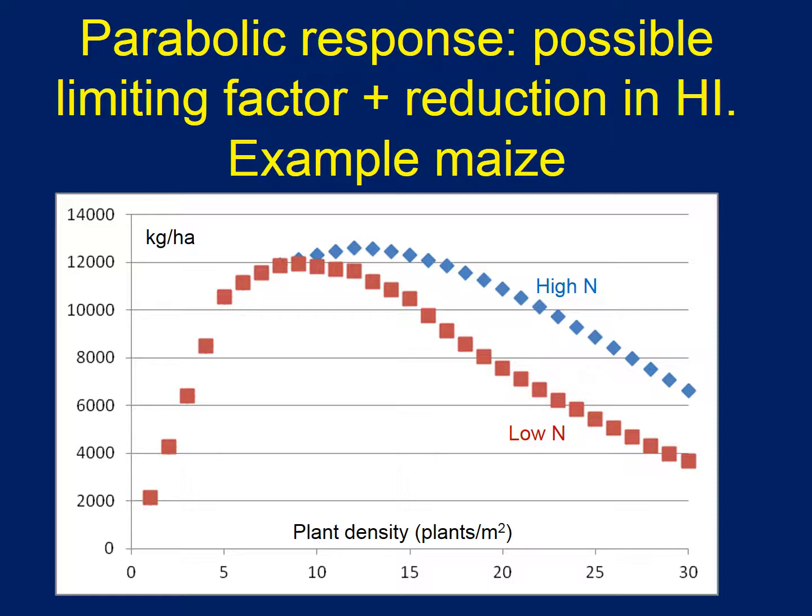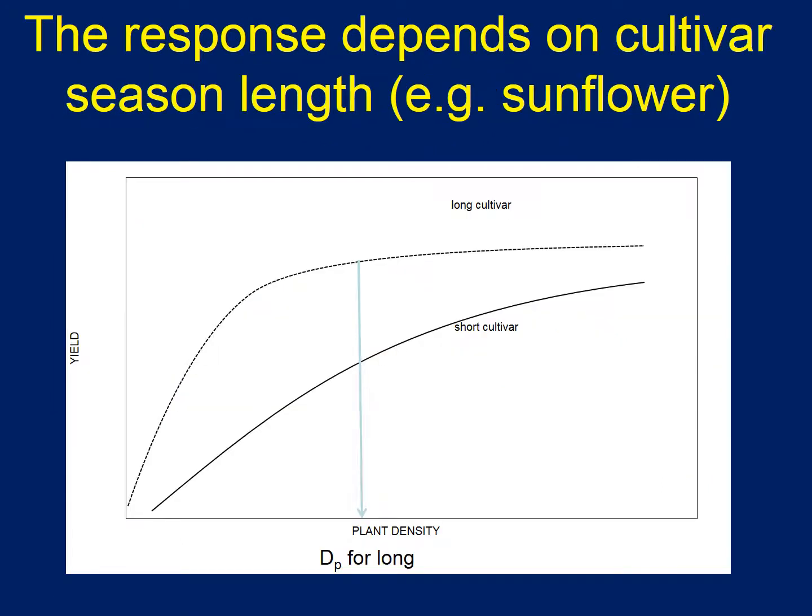This is an example for maize where we have a limiting factor like nitrogen for the red curve, and we have also a reduction in harvest index for very high density. The response of yield to plant density depends on the cultivar season length.